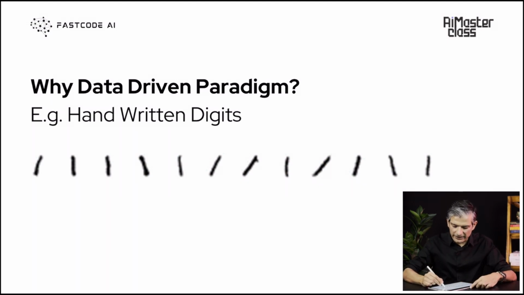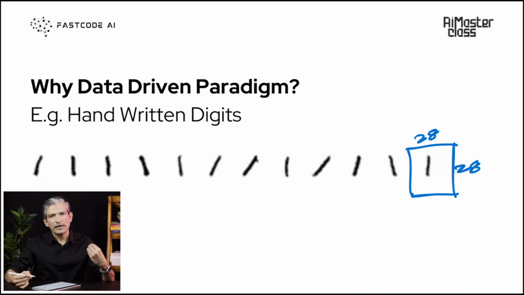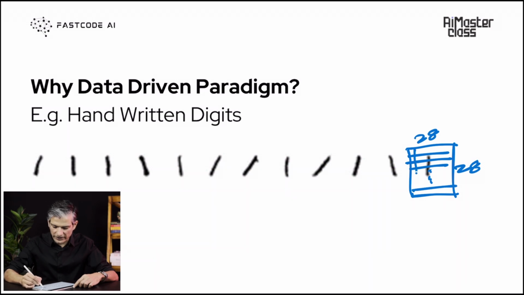Now let us say that inside our computer these handwritten digits are represented as a 28 cross 28 2D matrix. So we have these 28 rows all the way from 1 to 28 and we have these 28 columns 1 to 28 and some of these pixels.